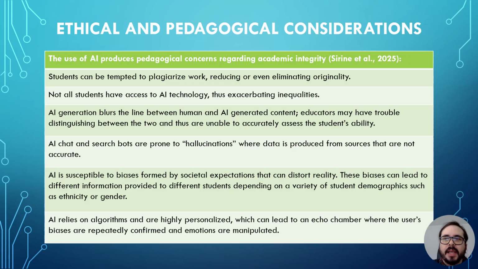And because AI is decentralized and is owned by private entities, they are subject to the whims of those private entities and the motivations of them, right? AI also relies on algorithms and is highly personalized, which can lead to an echo chamber where the user's biases are repeatedly confirmed and emotions are manipulated.